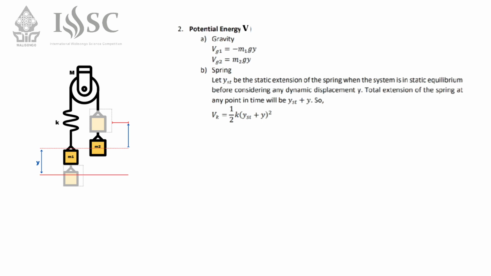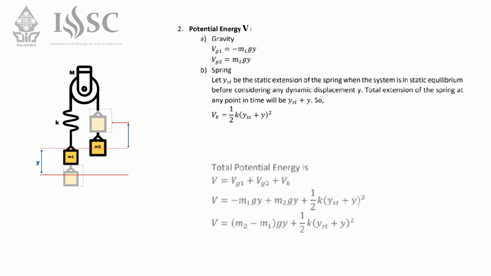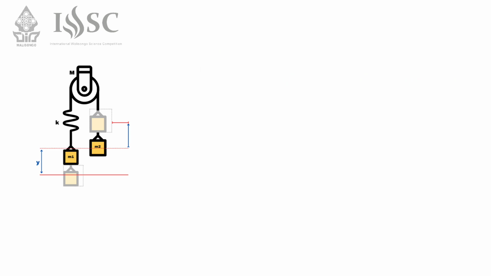Before considering any dynamic displacement y, the total extension of the spring at any point in time will be y_st plus y. So the potential of the spring is like this. And the total potential energy V is like this. So the Lagrangian is like this.